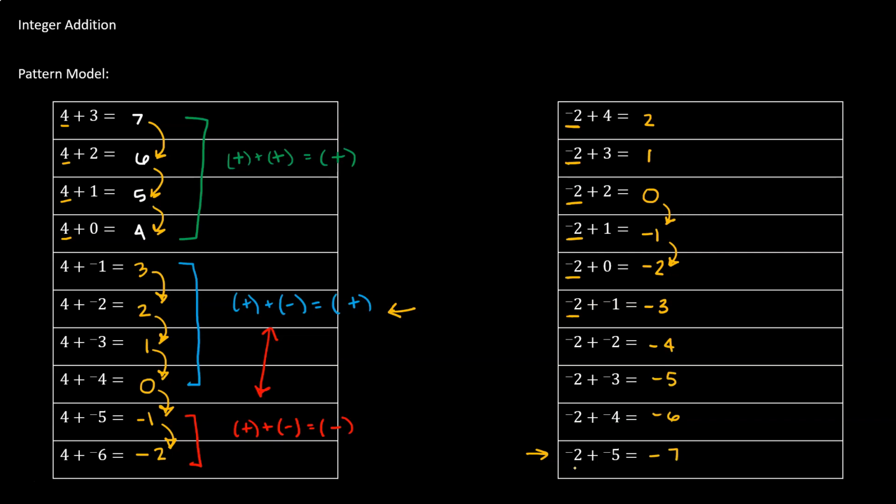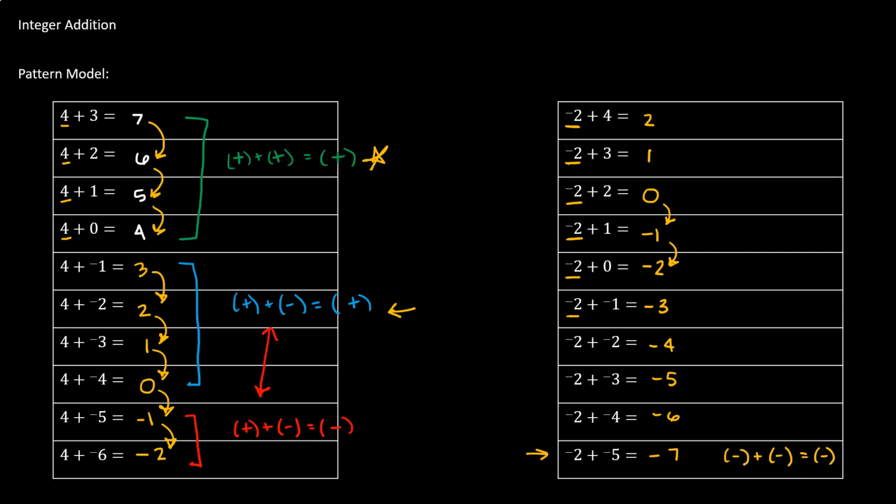Now, at the very bottom here, we have a negative plus a negative, and the answer came out to be negative. And that's kind of equivalent to what we had with positive plus positive is always positive. A negative plus a negative will always be a negative.